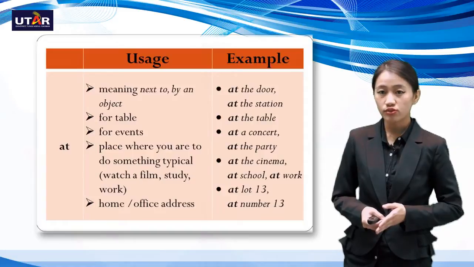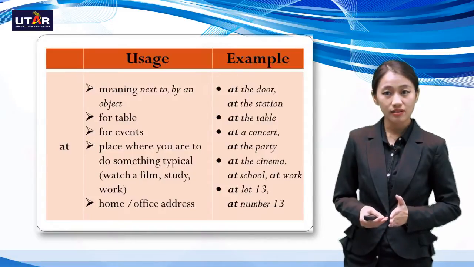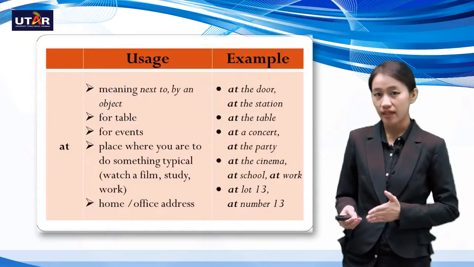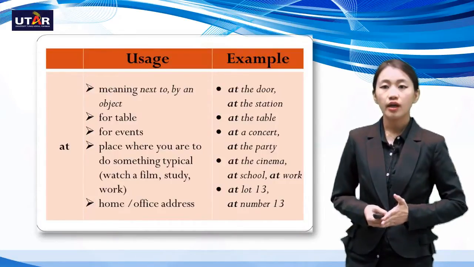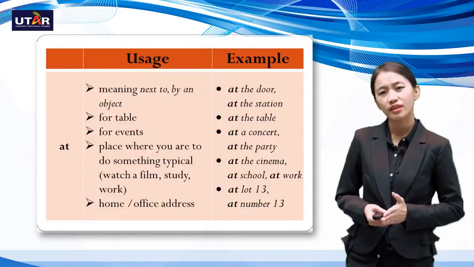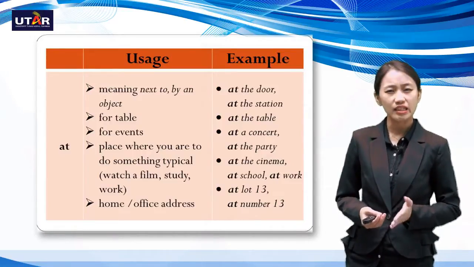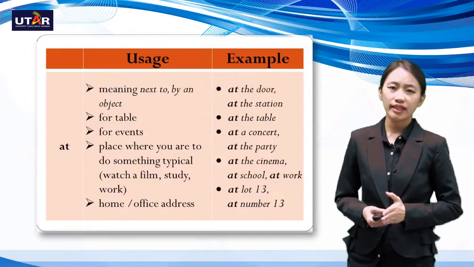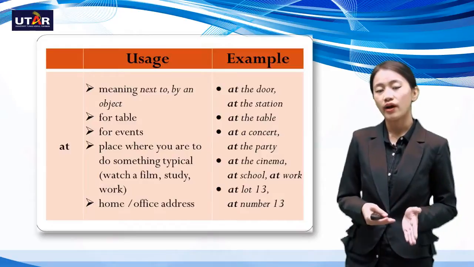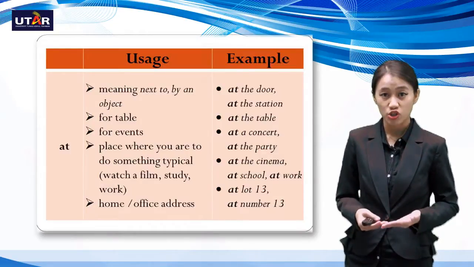For events also, we can use the word at. For example, at a concert, at a play, at a theater. And also a place where you are to do something, typically to watch a film, study, or work. So here it can be at the party, at the cinema. So basically you are at a place for a certain function.